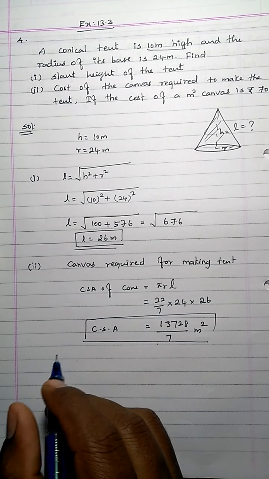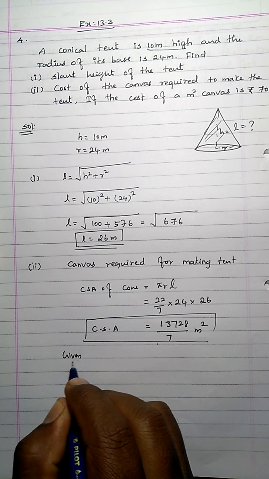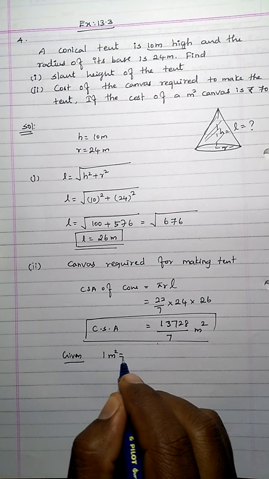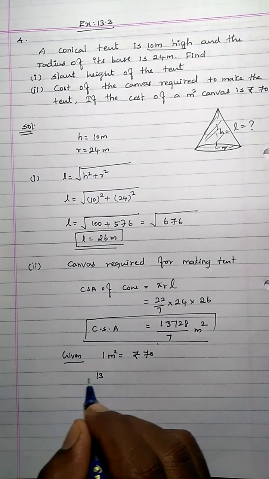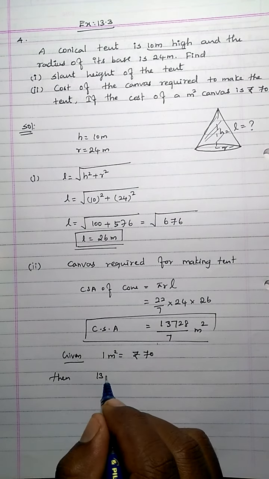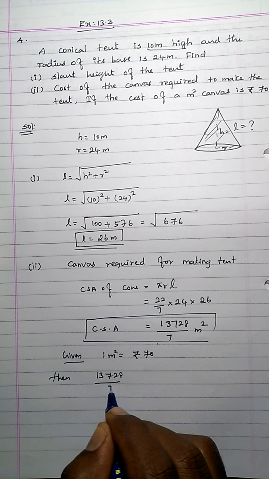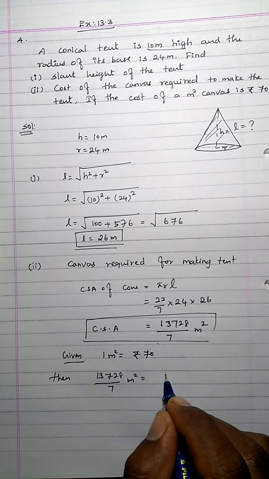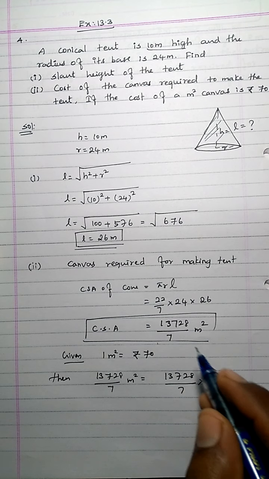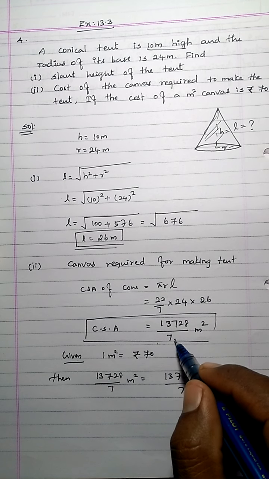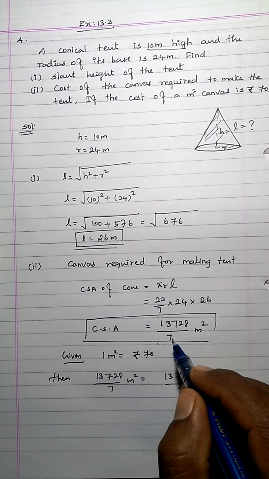Then we have to find out the cost now. It's given that 1 meter square cost is 70 rupees. Then how many meter square we have? 13,728 by 7 meter square cost. Just multiply by 70. Here you can divide with 7. If you keep it like that, here you can cancel. That's why I didn't divide here.